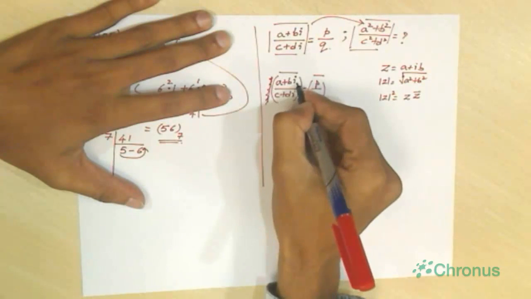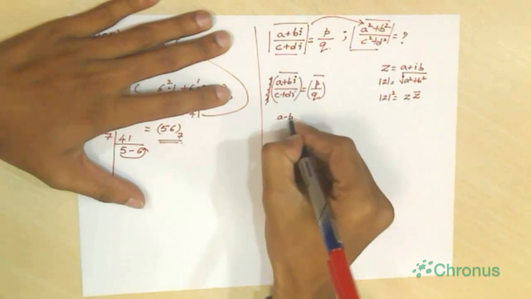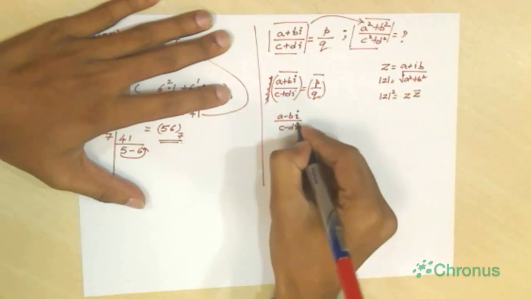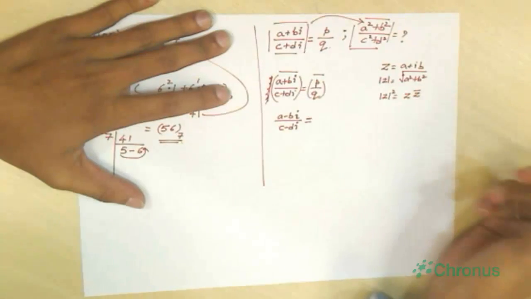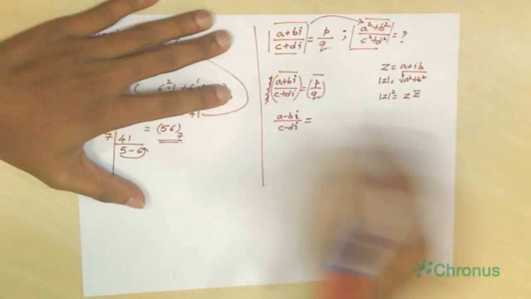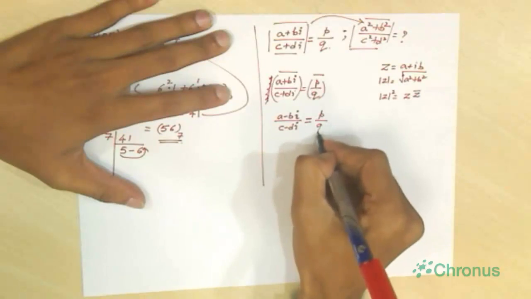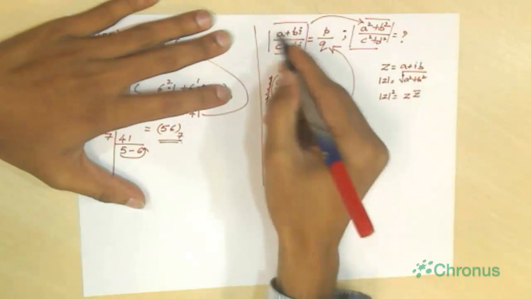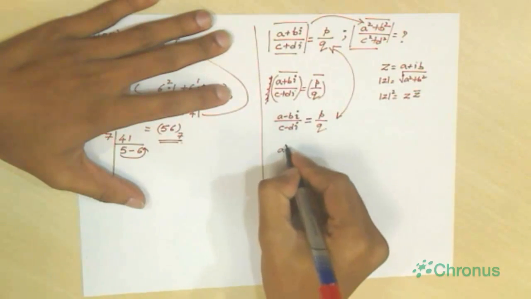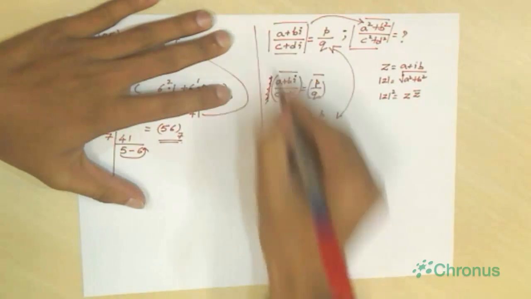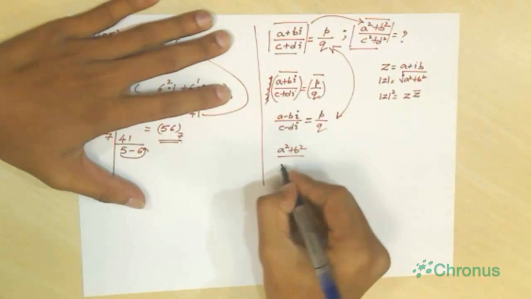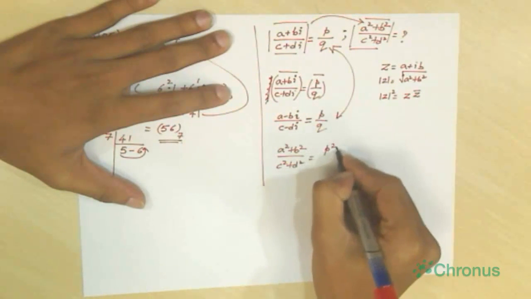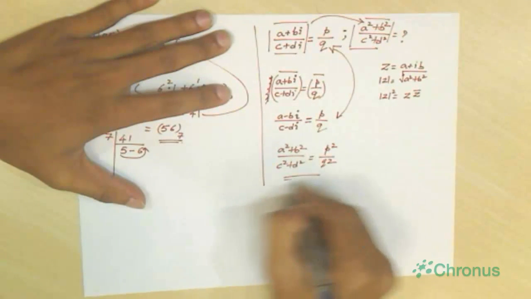So conjugate of a plus bi is a minus bi, and conjugate of c plus di is c minus di, equal to, and p and q are real numbers, so the conjugate of a real number is the same number, so it doesn't change, p by q. Now I'm going to multiply these two. So a plus bi into a minus bi is nothing but a square plus b square. c plus di into c minus di is c square plus d square, which is equal to p by q into p by q. That's p square by q square.